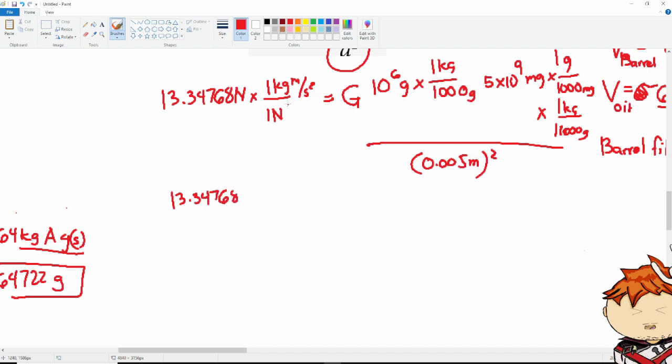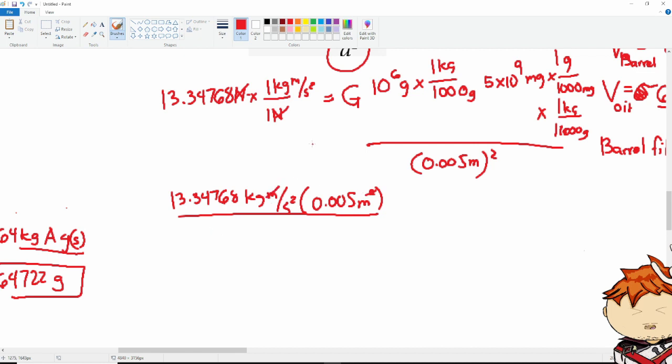13.34768 Newtons, cancel Newton. That's 1 kilogram meter per second squared multiplied by 0.005 meter squared because that's under the denominator. So let's cancel meter one time.